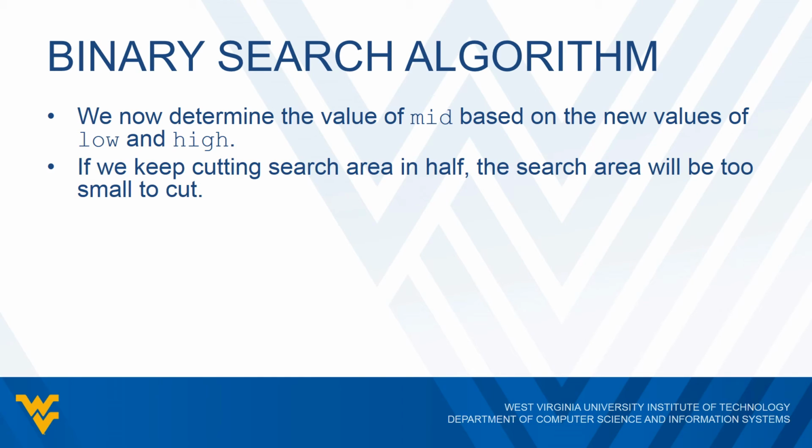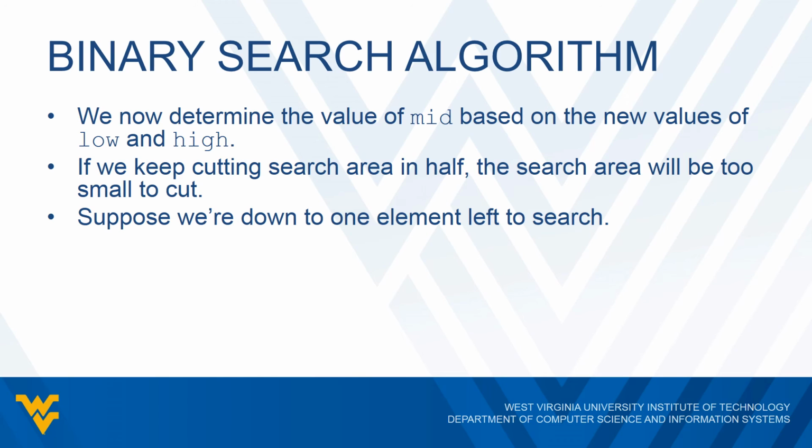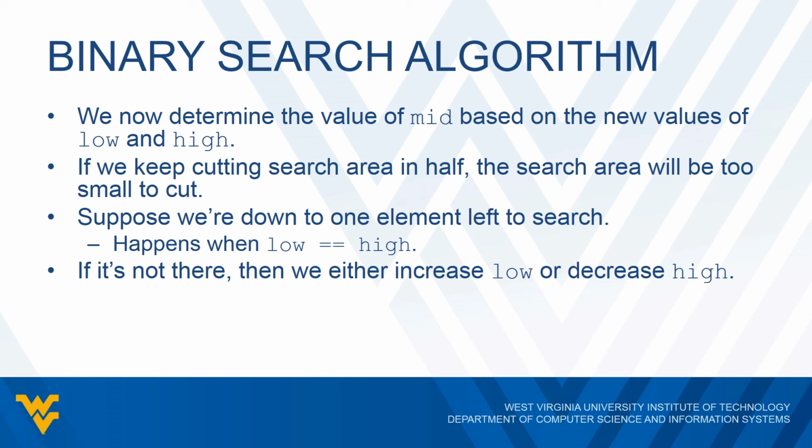Now, if we keep cutting the search area in half, eventually the search area is going to be too small to do any more cuts. So let's say we get down to one element left to search, and this would happen whenever low and high are equal to each other. If it's there, we found it. Great. Now, if it's not there, we're going to continue our algorithm.